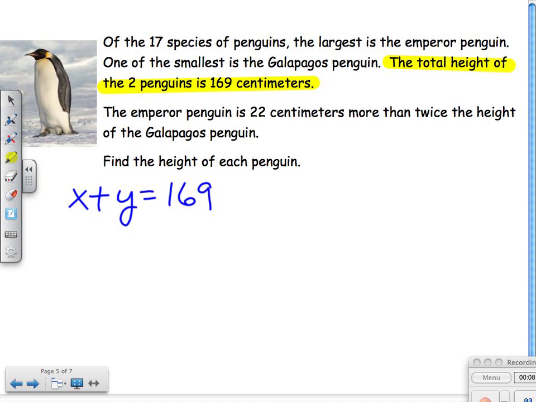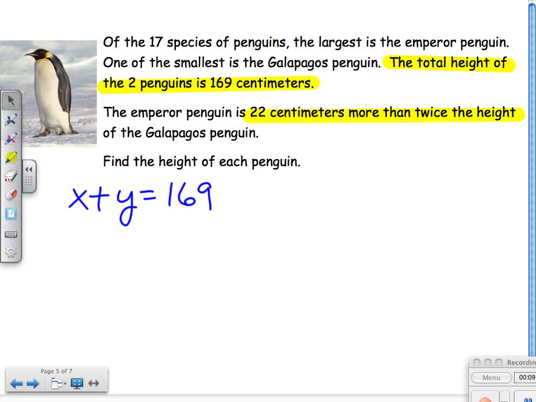Now, what's our second equation? Our second equation says the emperor penguin is 22 centimeters more than twice the height of the other penguin. How do we write that? 22 centimeters more than twice the height.